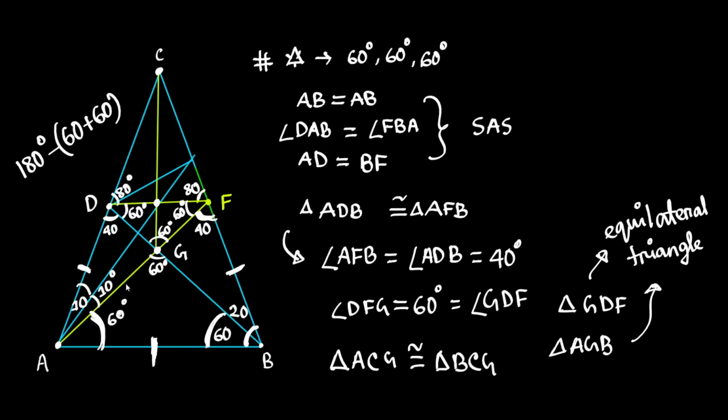That can be said from here, because this and this are equal, and this is common. If we calculate this angle, this will be the same, or we can say this and this already were the same, AC and BC. So we got a lot of congruent triangles, but maybe that won't be needed here. Let's just go to the next step.